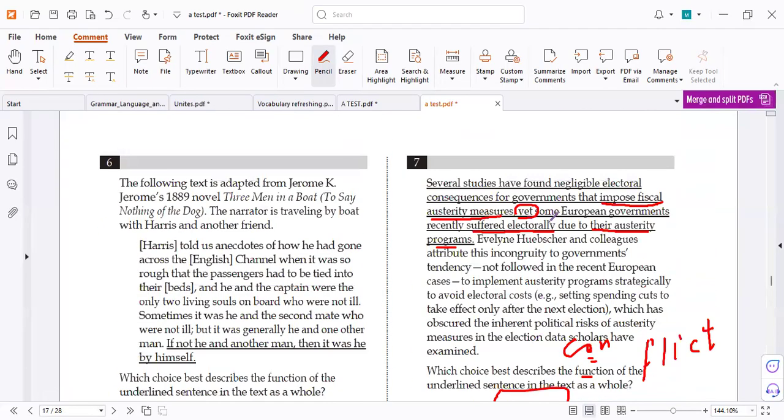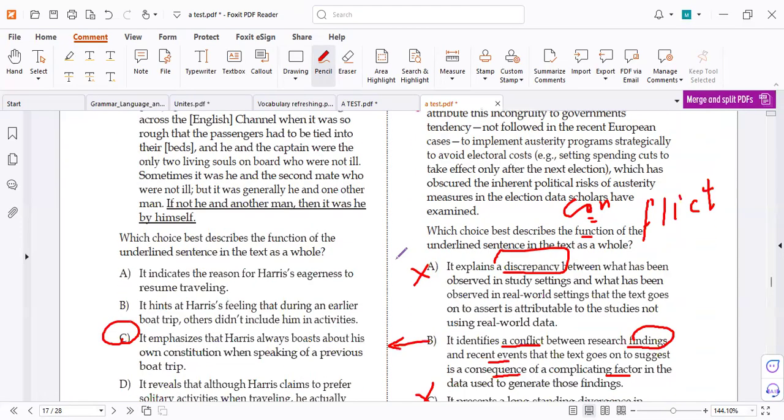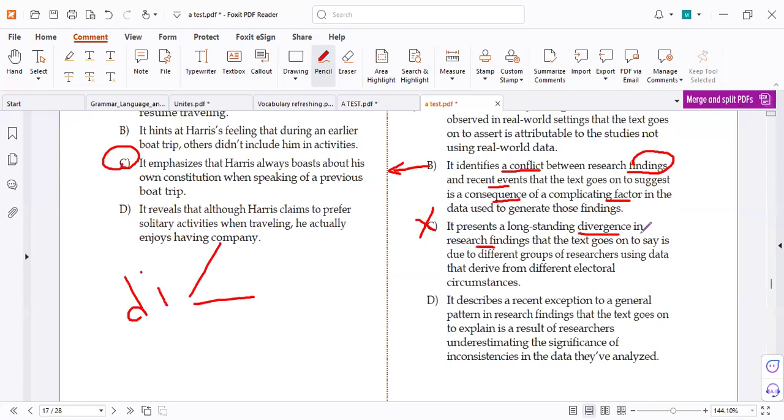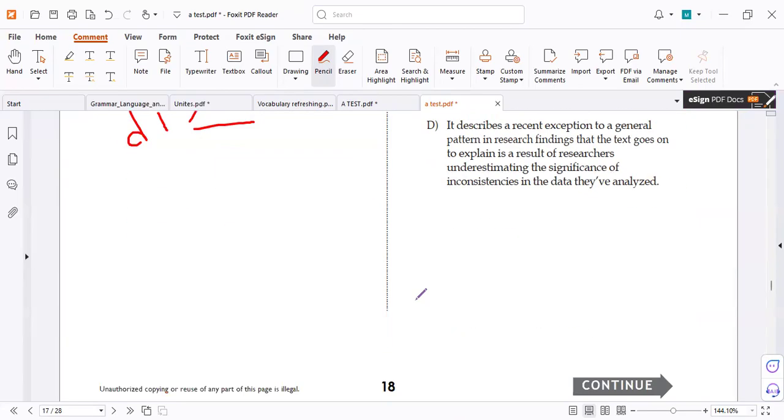But he didn't mention that here, this point is opposite this point. Feel it? And it's not divergence in research findings that the text goes on to say is due to different groups of researchers. So the rest of the answer is wrong. So be careful about the half of the answer is wrong. Anyway, you did your best.